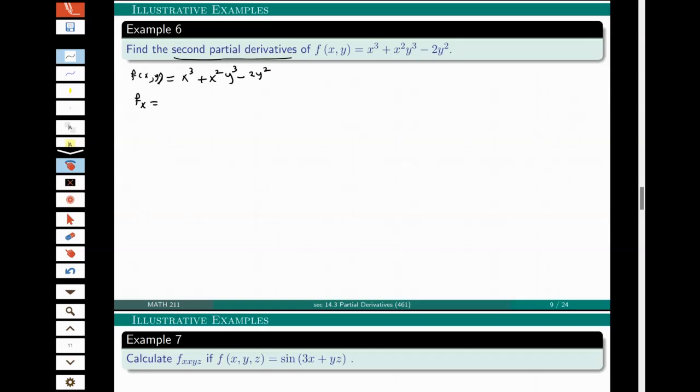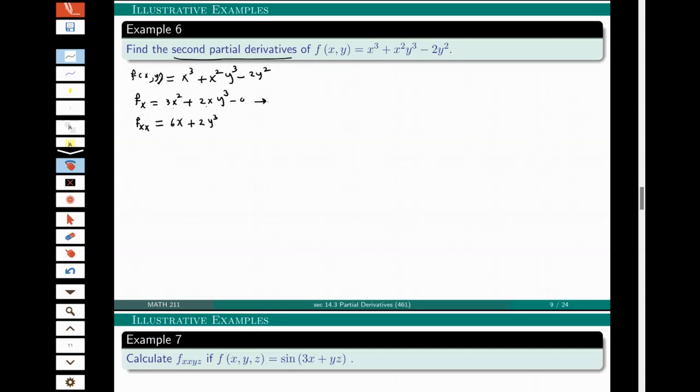We deal with y as constant, so it will be 3x squared plus 2x y cubed minus 0. Now f sub x x, the derivative again with respect to x, will be 6x plus 2y cubed. This is the first one.